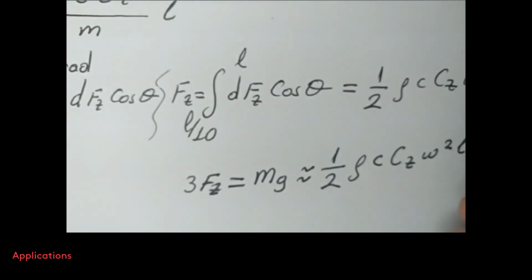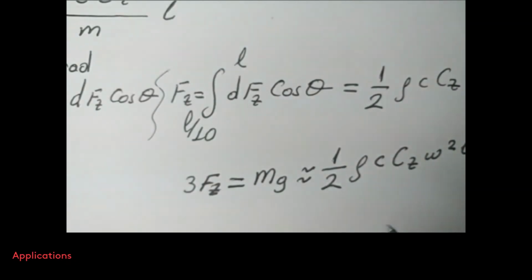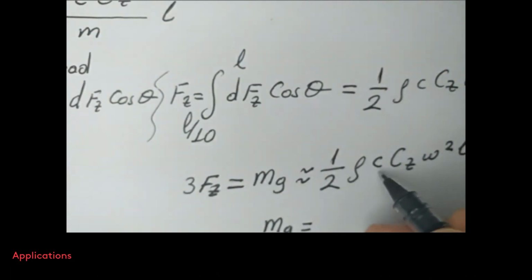In fact, from here you can calculate the mg. If you put the values, rho is known, c is known, Cz is known, omega is known. Be careful, the unit of omega is radian per second, and in fact n is given as 500 rpm.